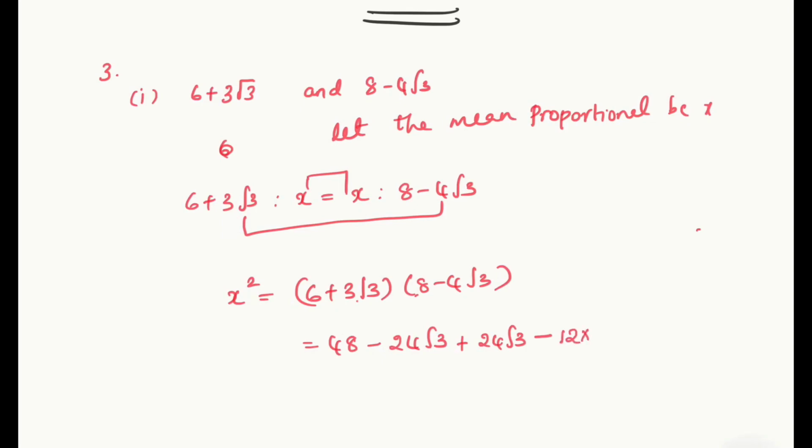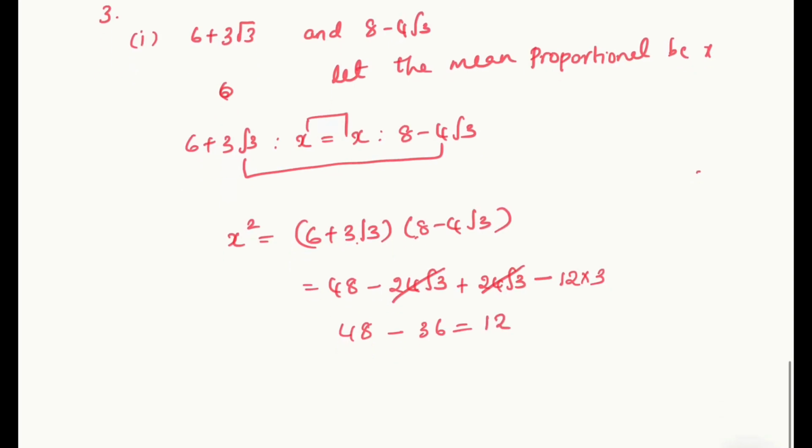Root 3 into root 3 is 3. So 48, this and this get cancelled, minus 12 threes are 36, that is equal to 12. So I get x equal to root of 12, root of 3 into 4, so that is equal to 2 root 3.